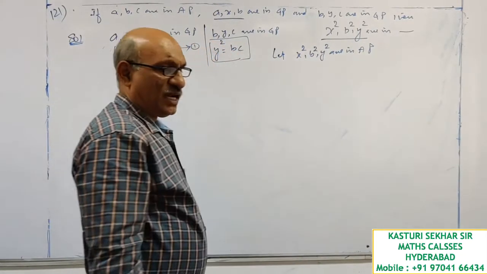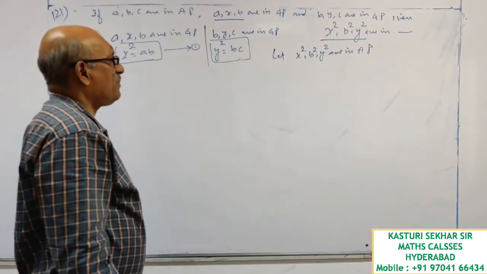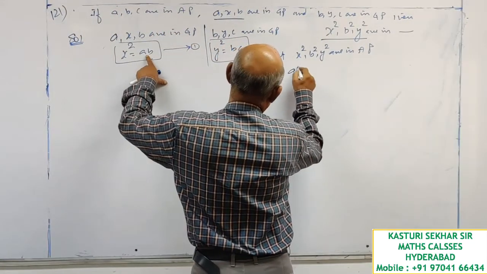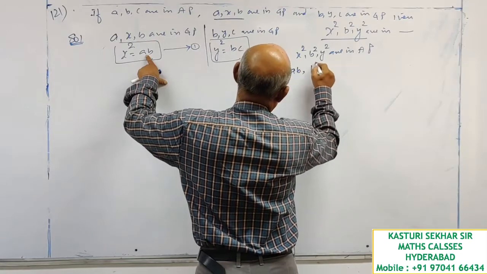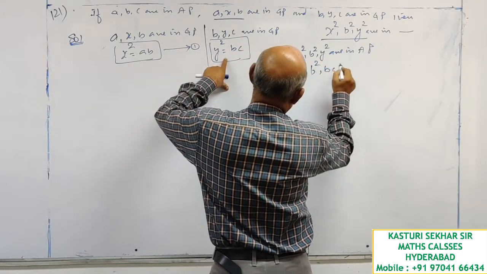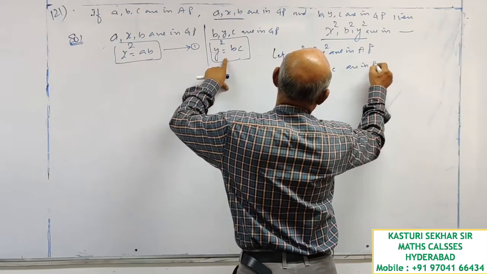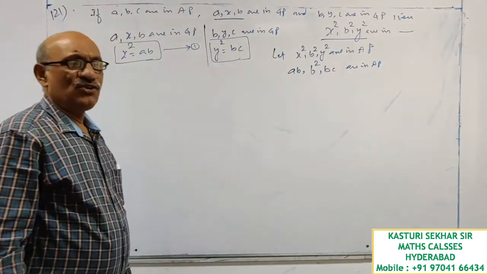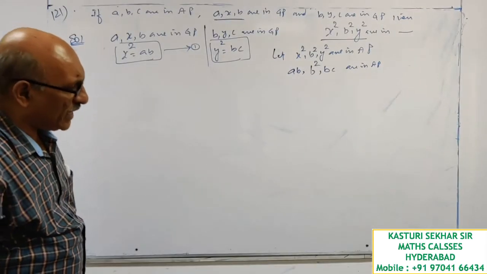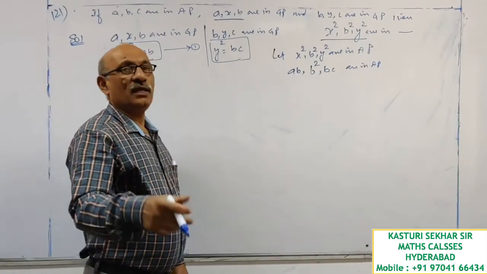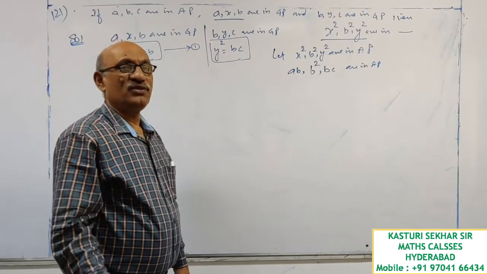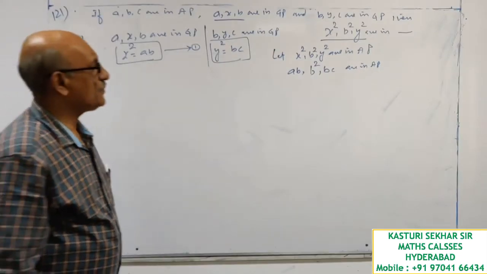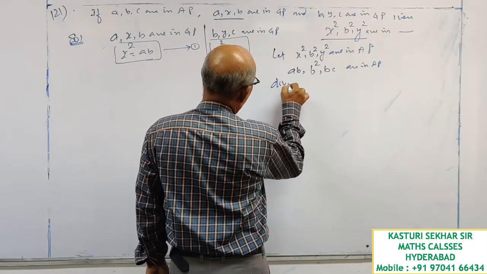I am proceeding with an assumption. x square can be replaced with ab, and y square can be replaced with bc. Now, when each term of an AP is multiplied or divided by a constant, the resulting sequence is in AP. So dividing by b.